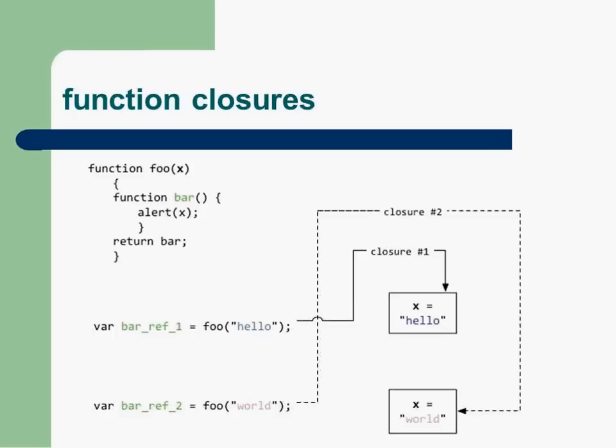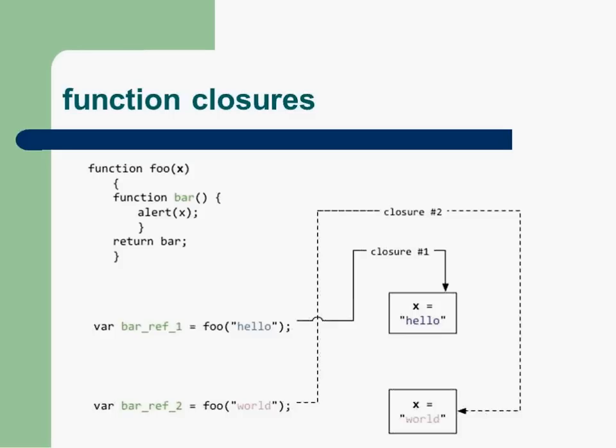And one more thing, as we discussed in the previous slide, JavaScript lets you return anything from a function. So we are returning a function from a function. When we return bar, we are giving a pointer to a function, which points to this bar function.